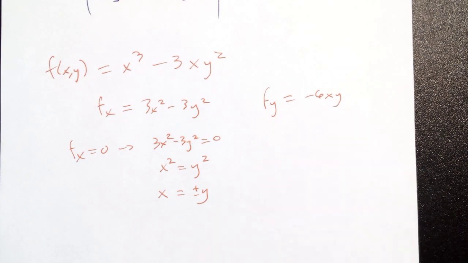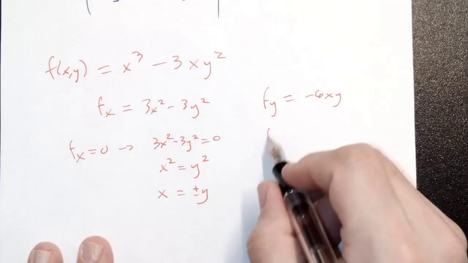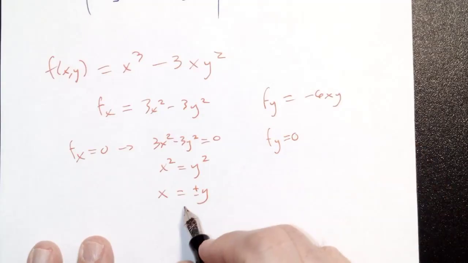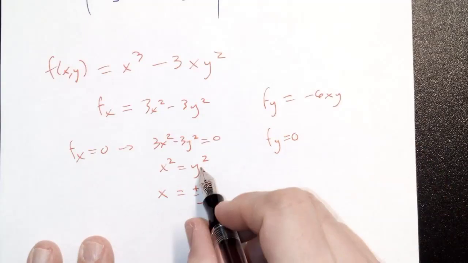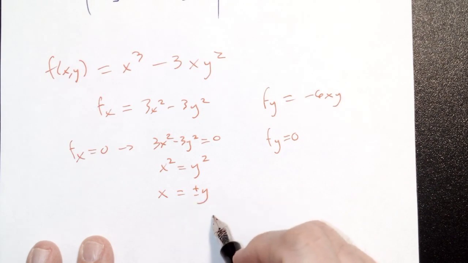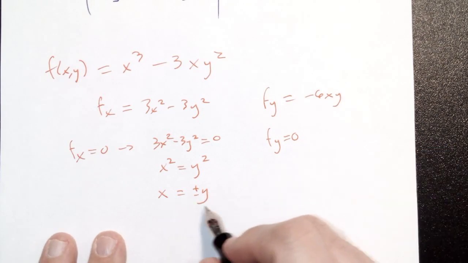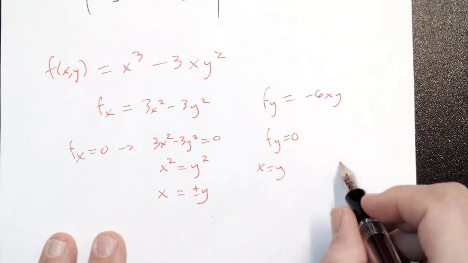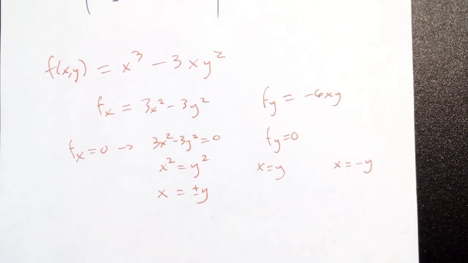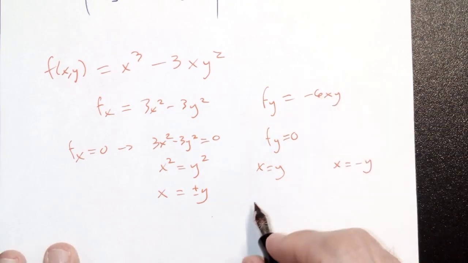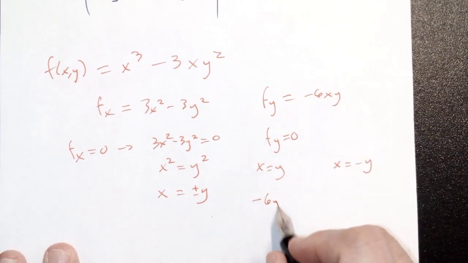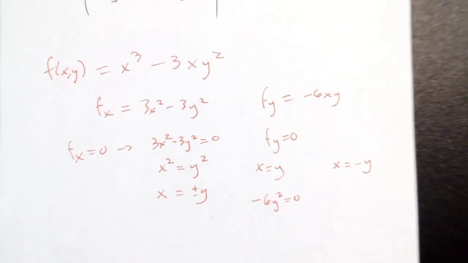But I also have this. If fy is 0, well, wait a minute. X squared equals y squared means either x is y or x is negative y. So let's use each of these cases separately. If x is equal to y, then up here, this becomes minus 6y squared equals 0.